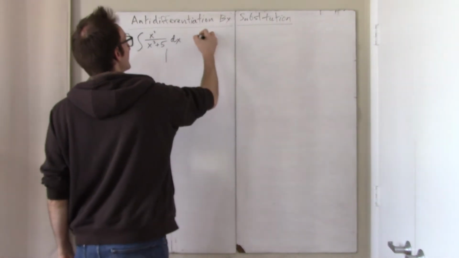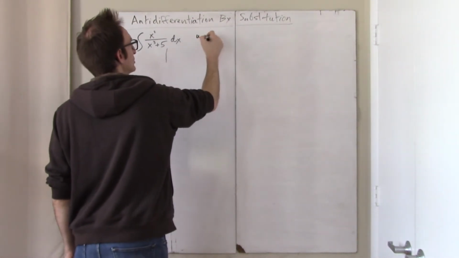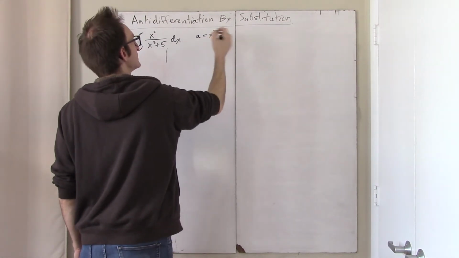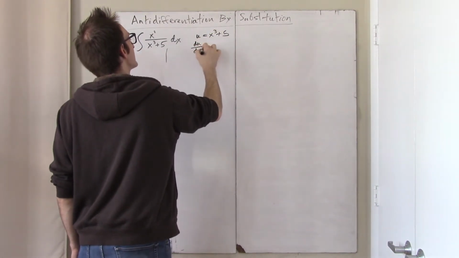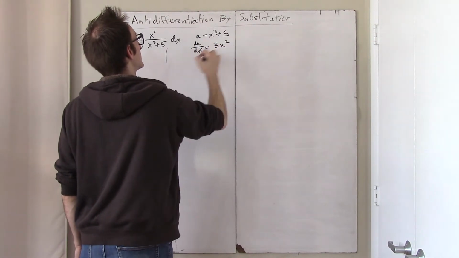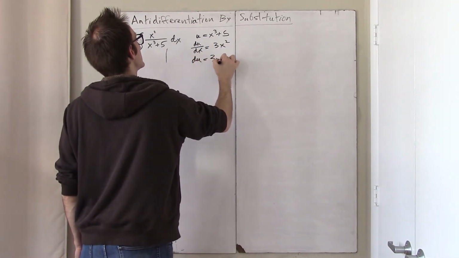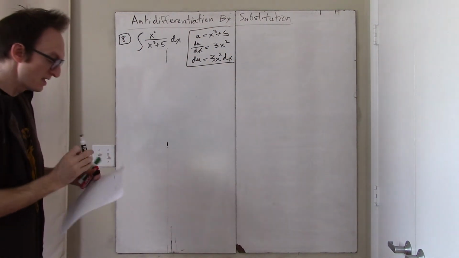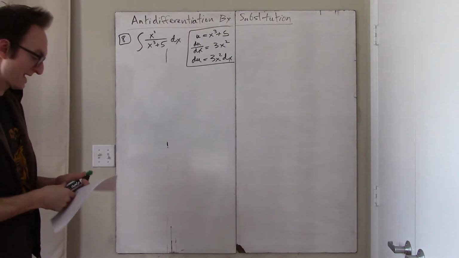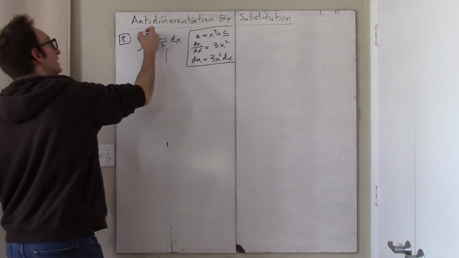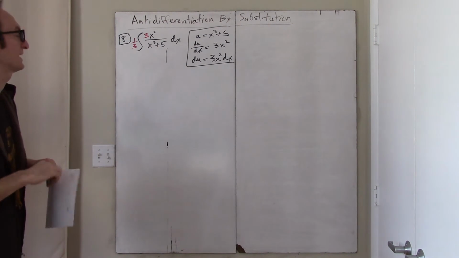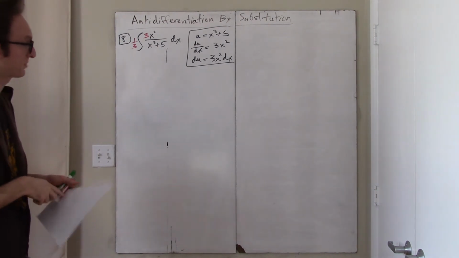So it does look like some chain rule happened here, because if I let u be the bottom, x cubed plus 5, then du dx is 3x squared, and so du is 3x squared dx. Therefore I need a 3 here, and so I put a 1/3 on the outside to cancel out. That's that 3.